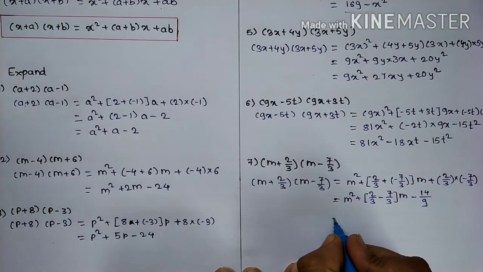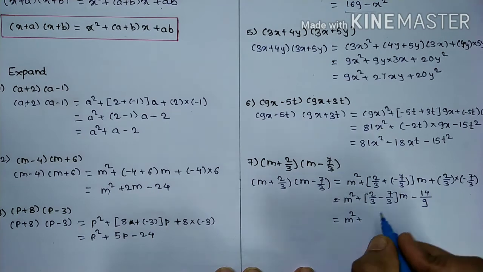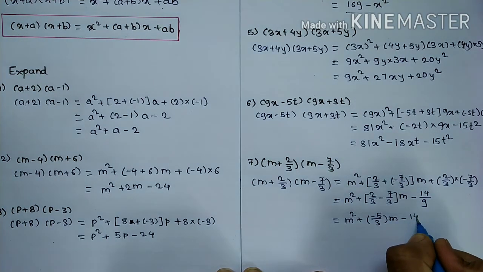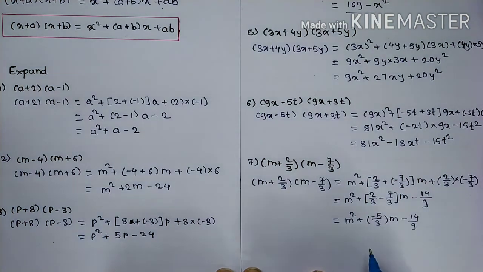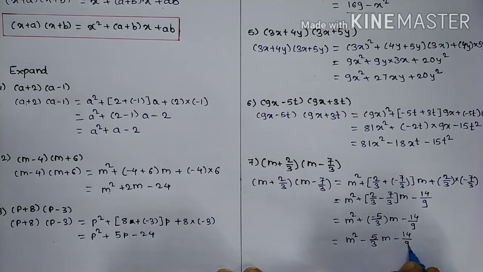It is equal to m square plus 2 minus 7, that is minus 5 upon 3 into m minus 14 upon 9, is equal to m square minus 5 upon 3 m minus 14 upon 9.